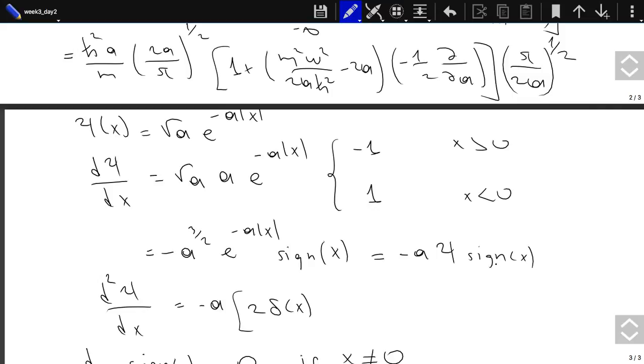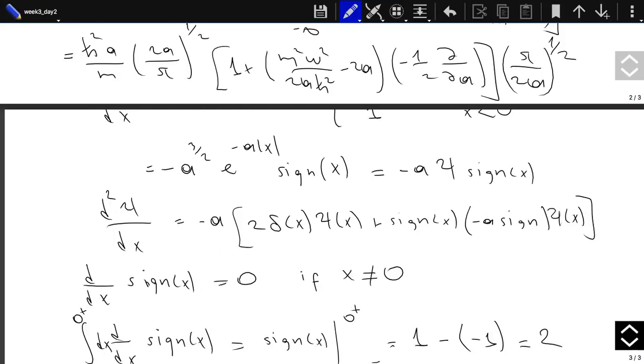Okay, so we have minus a times the derivative of the sign function times psi of x, plus sign of x times the derivative of psi. But the derivative of psi, we already know that it is minus a times the sign function times psi of x.